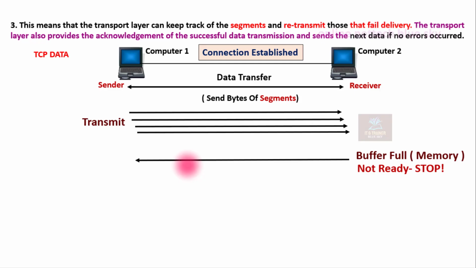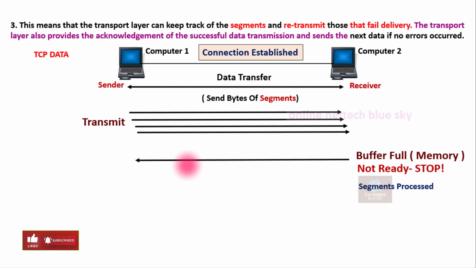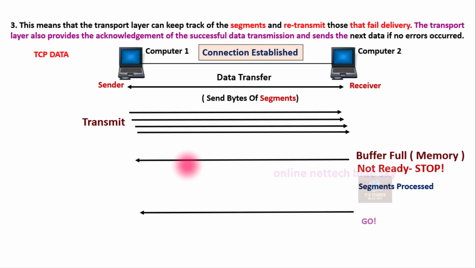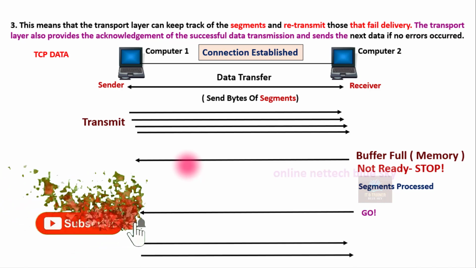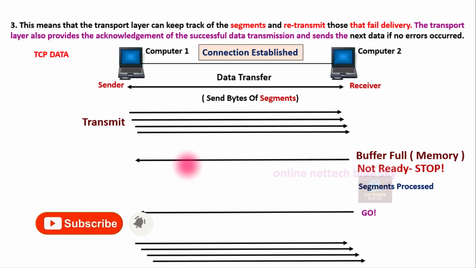So buffer memory is one function of the protocol. When you continually send to the other side's computer, the receiver computer stops you, and first all the transmission completes, then the segments are processed, and after it is completely ready, it gives one signal, an acknowledgement. So again you can transfer your data. That is one type of transport system.